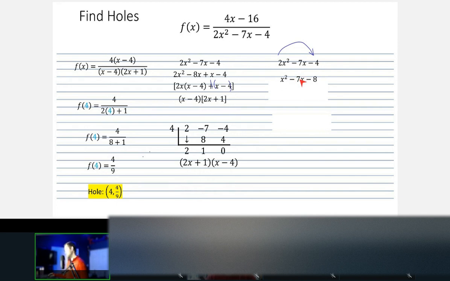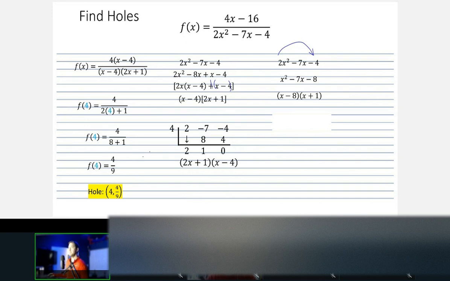So we want 2 numbers that multiply to negative 8 and add to negative 7. What are those 2 numbers? Negative 8 and 1. Yep. Negative 8 and 1, right? All right, we're not done yet. If we stop here, our problem will be wrong.